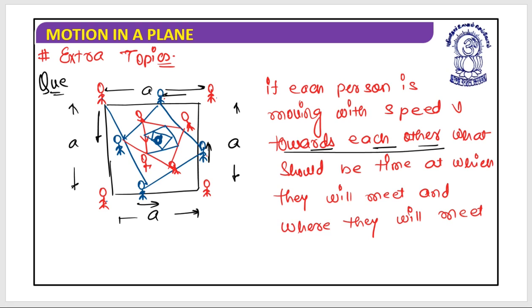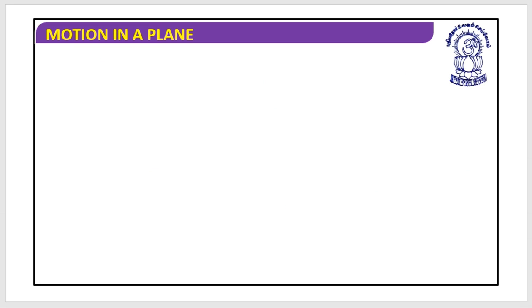That is for sure. So let's derive the relations in generalized terms, so that even if it is not a square but a triangle or any regular polygon, hexagon, octagon, anything, it can be derived.